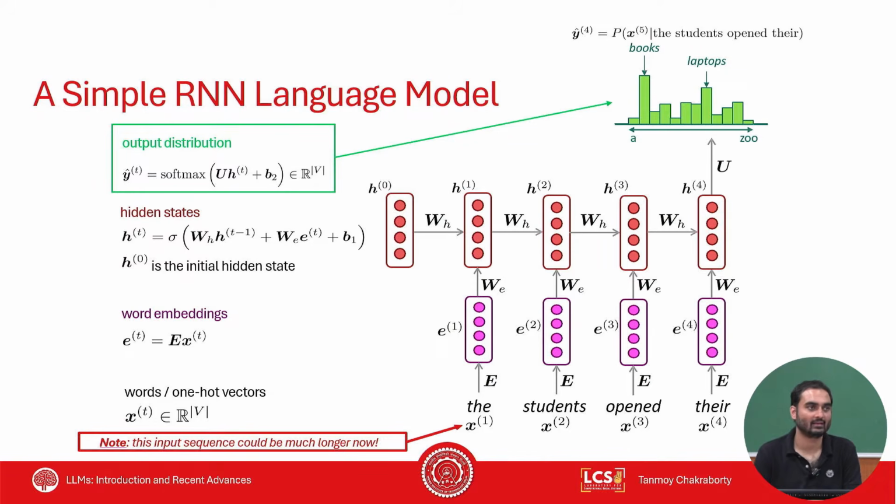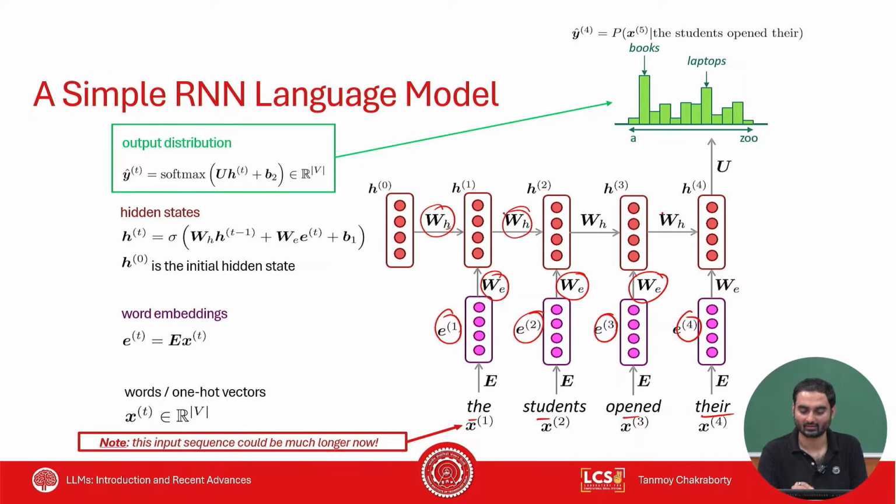Okay, so let's see how you can use RNN to predict the next word. So this I already mentioned. Let's say the students opened there. This is the embedding E1, E2, E3, E4. And this is the projection layer WE. These are the hidden states.